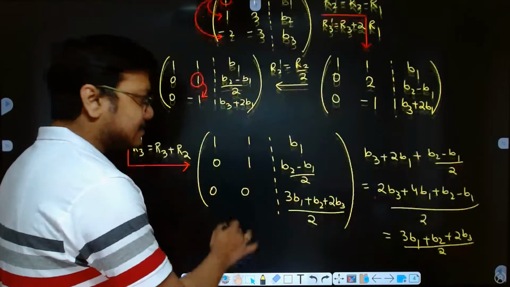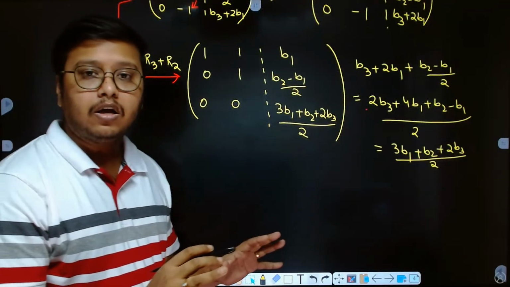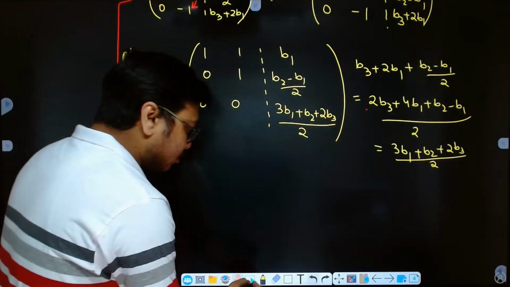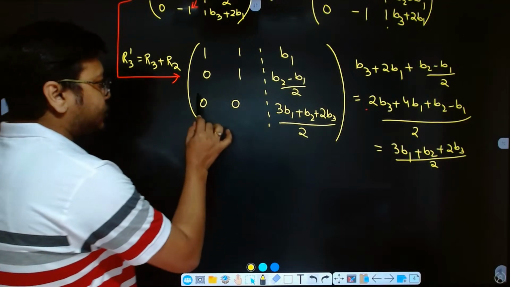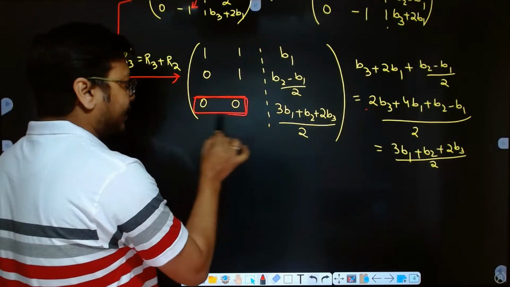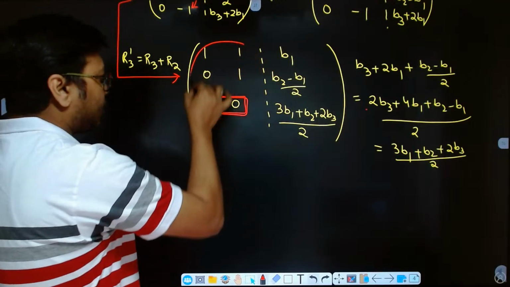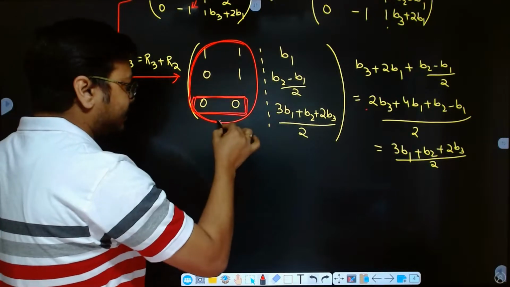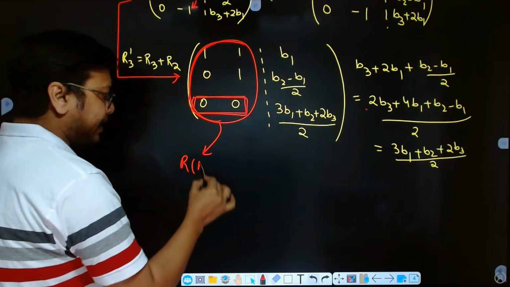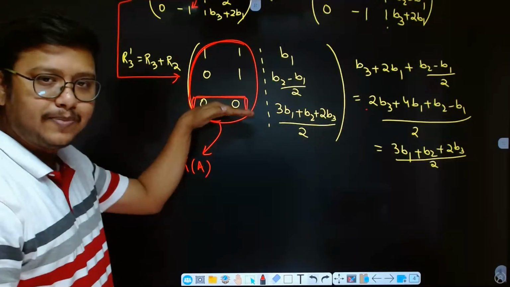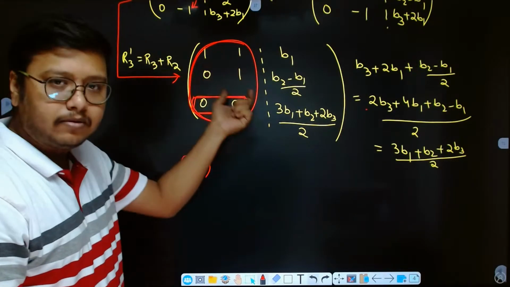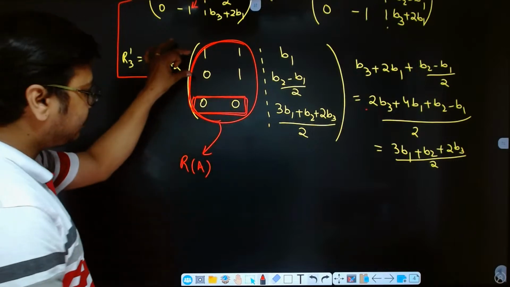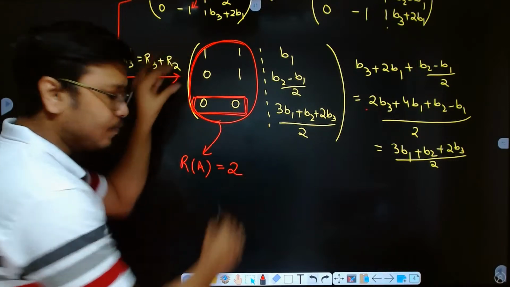Now let's establish our criteria for the system to be solvable. I can see this portion has become 0. That means the rank of the A part, one of the rows has become 0, the other two rows are not 0, and we cannot simplify it any further. So the rank of the A part is 2.